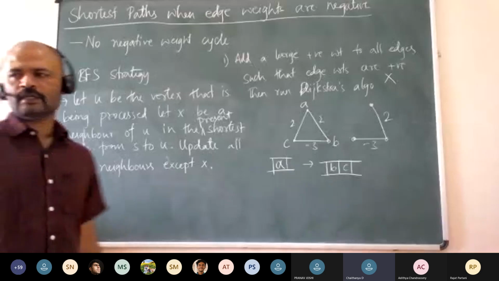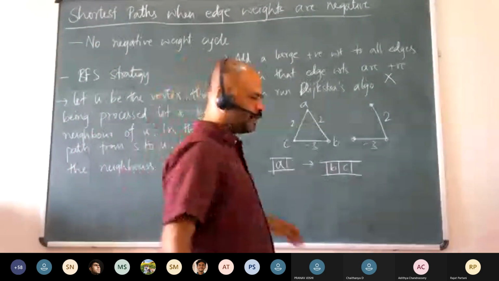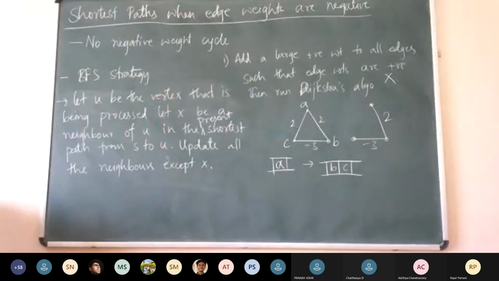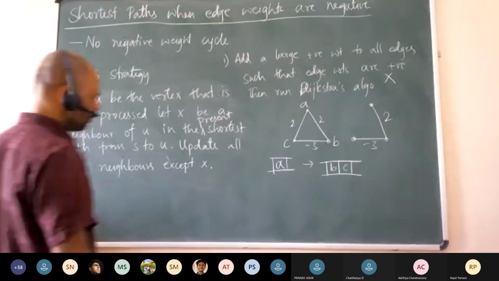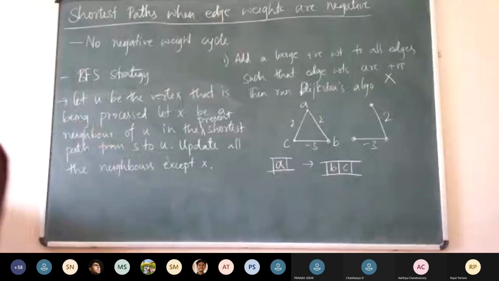Okay. Right. So now Chaitanya comes up with an observation saying that, see, the whole proof of whatever we did with respect to this BFS strategy used the shortest path property. That is, shortest paths contain shortest subpaths; optimal paths contain optimal subpaths. That is not at all true when we have negative weights.